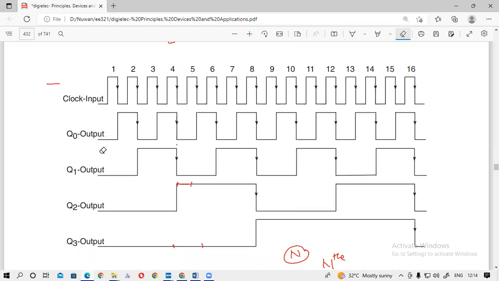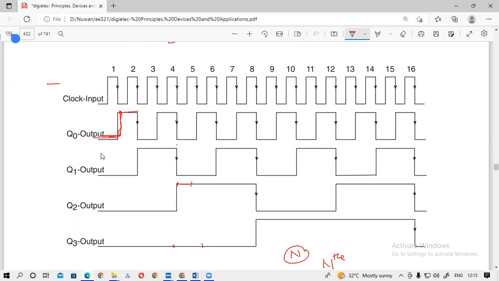So if you consider it like this, you can see that if your signal, the second one, is shifted from here to here, then your signal will be like this. The waveform will be like this.